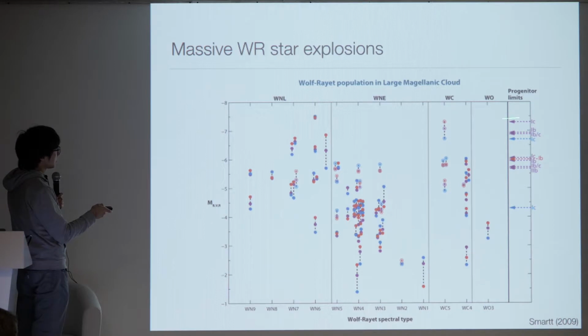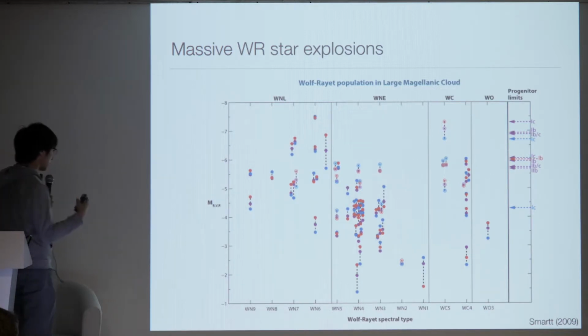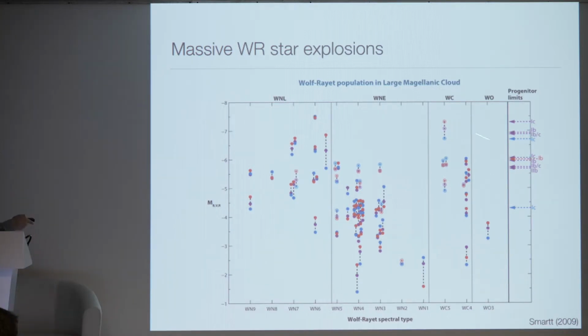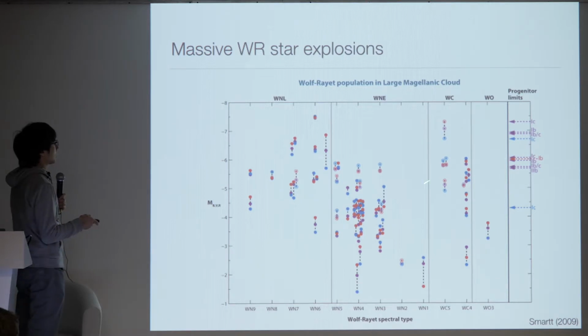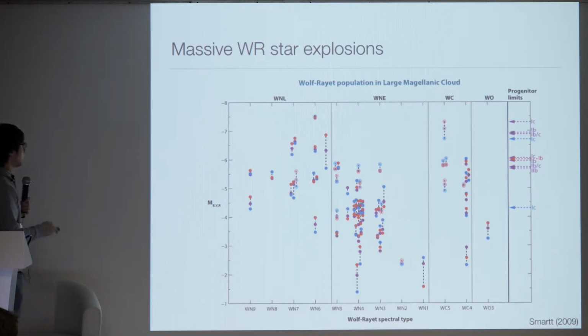These are upper limits for the Wolf-Rayet star, and many Wolf-Rayet stars are observed to be as bright as these detection limits. So one argument was that it's very unlikely to miss all these massive Wolf-Rayet stars if they are the progenitors, as we observe in this case in the LMC.